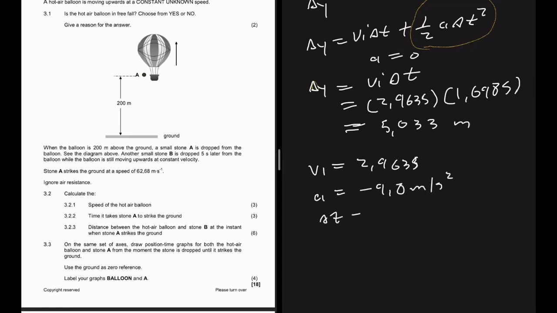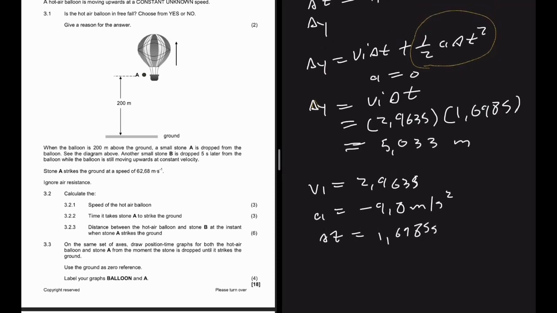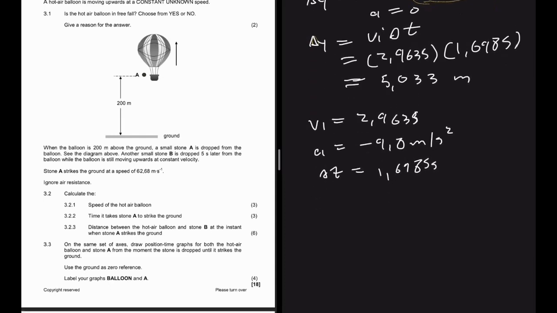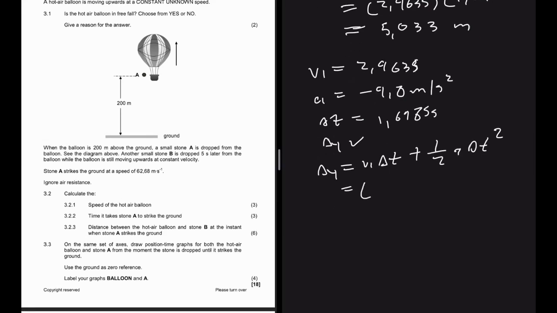We know that delta t equals 1.6985 seconds, and I think this is all we know for stone B. So the only formula we can use to find delta y with this information is delta y equals vi delta t plus 1 over 2 a delta t squared, right? So what is vi? Vi is 2.9635, and then delta t is 1.6985, and then plus 1 over 2, a is minus 9.8, delta t again is 1.6985, but now squared.